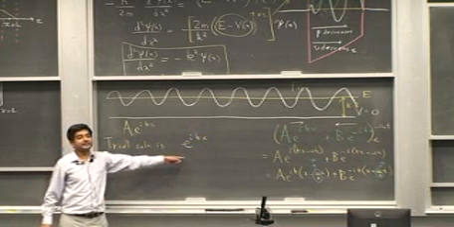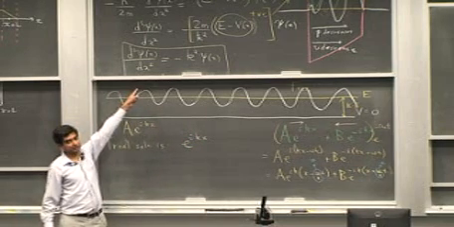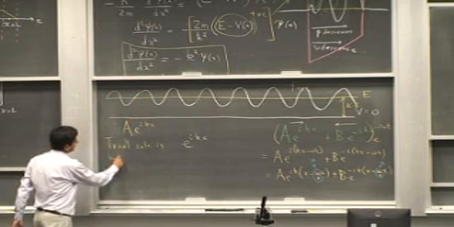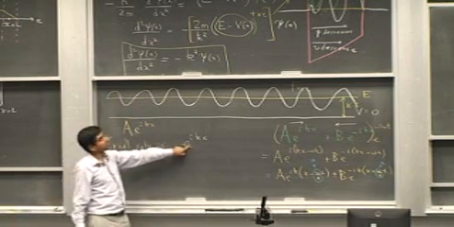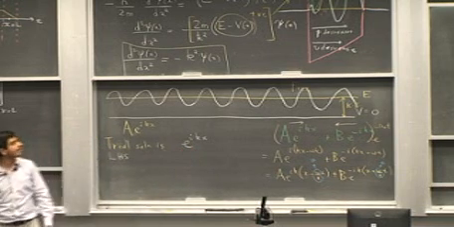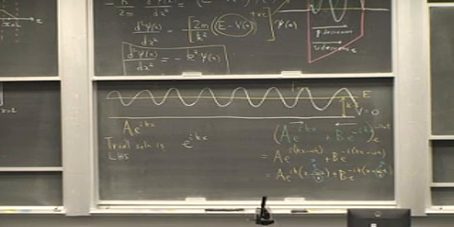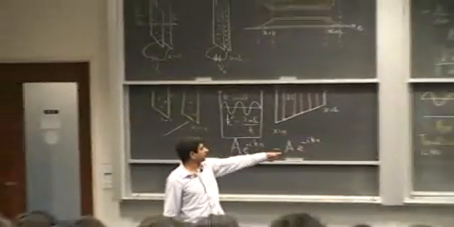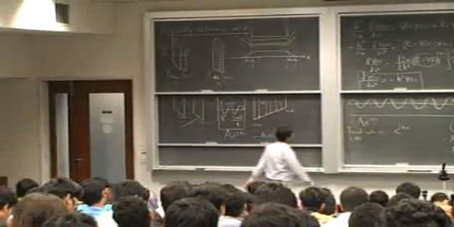Now you have to verify that this is indeed a solution of this equation. Can you find out what the left hand side is if this were the wave function? Please compute the left hand side for that equation when the wave function equals this.